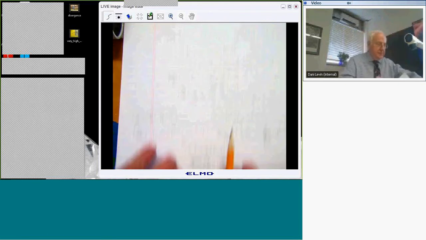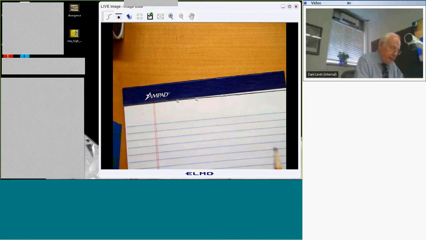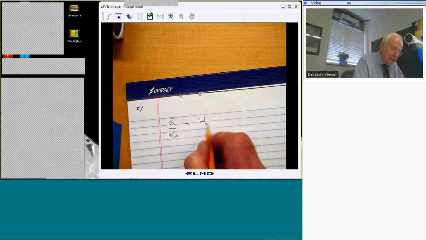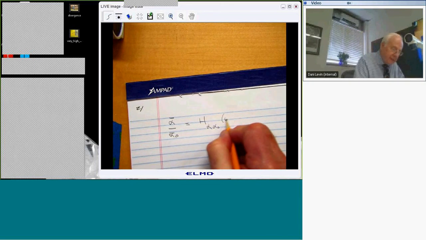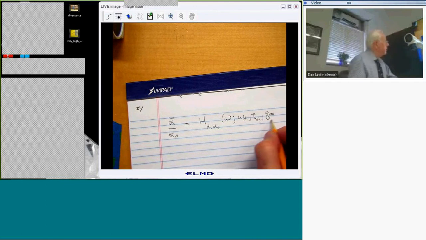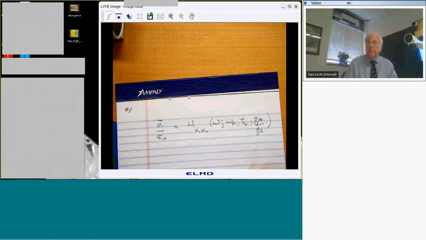So let me rewrite that. All we need to know is that there's a transfer function. Okay. Using higher mathematics, alpha bar is alpha bar naught times the transfer function.